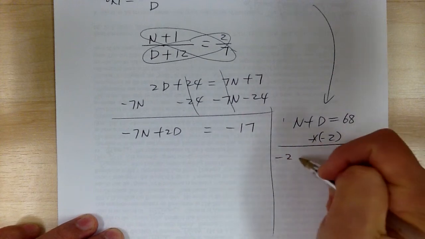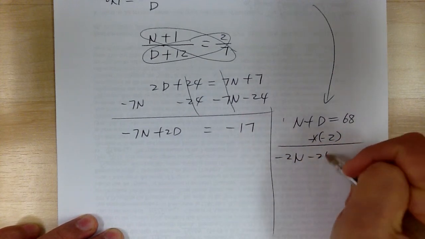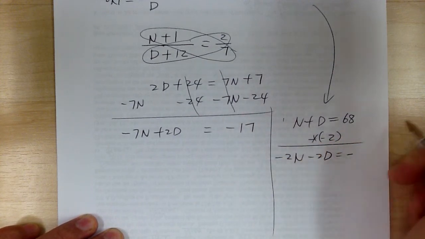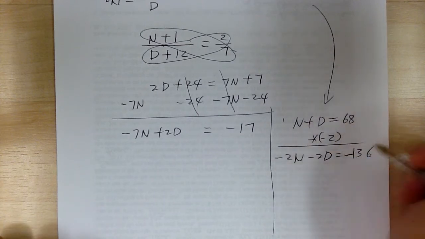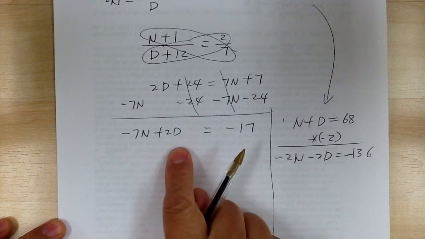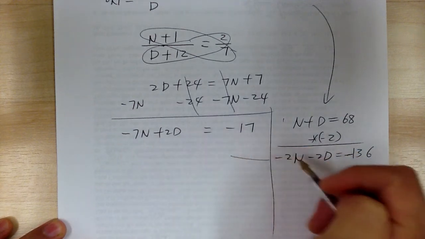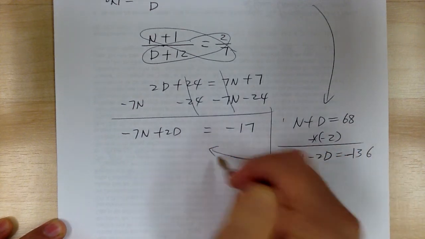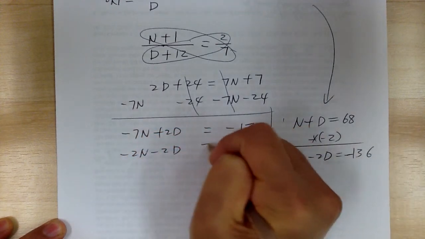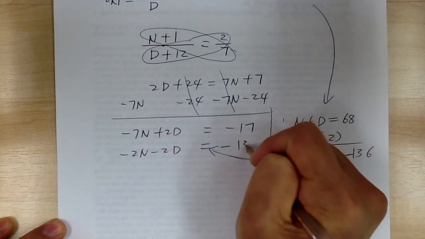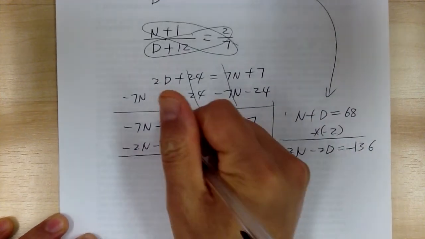So you got negative 2n minus 2d equal to negative 136. And I'm going to put this underneath. So this will cancel out.